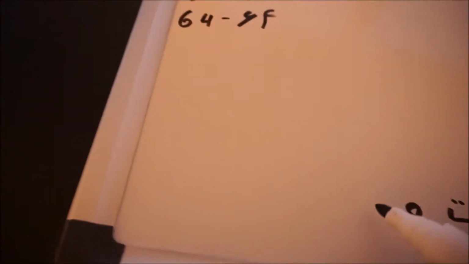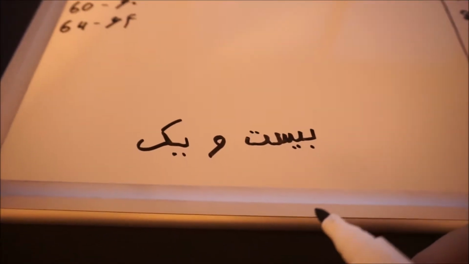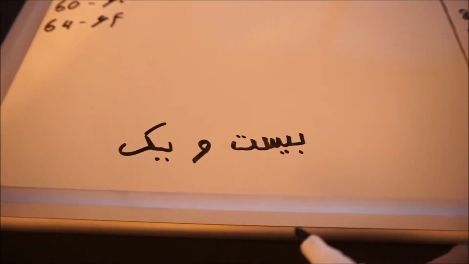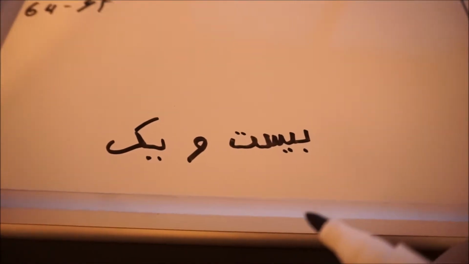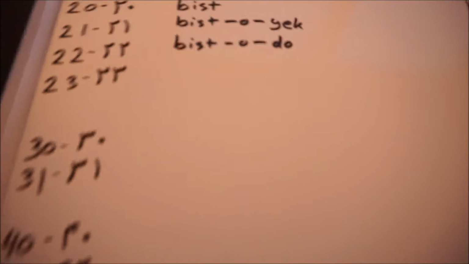And then we write yek here afterwards. So bist o yek or bist va yek, both are correct, but in colloquial talk you just use o. Alright, that was a side step, so let's get back to our actual numbers here.